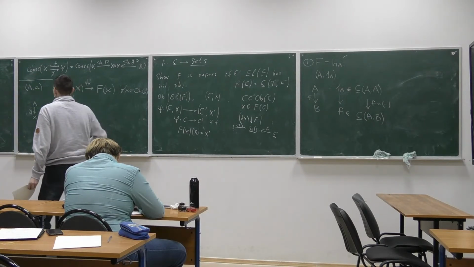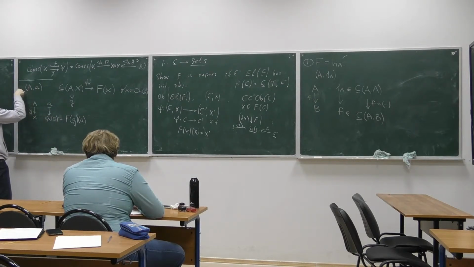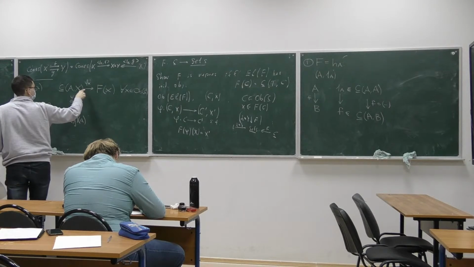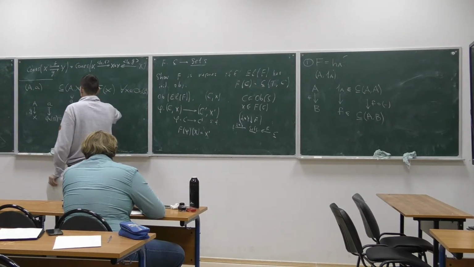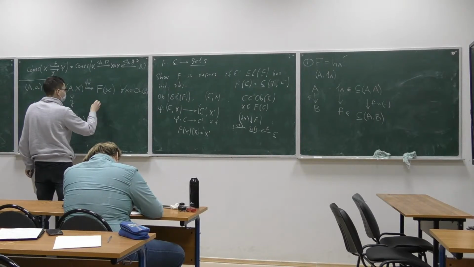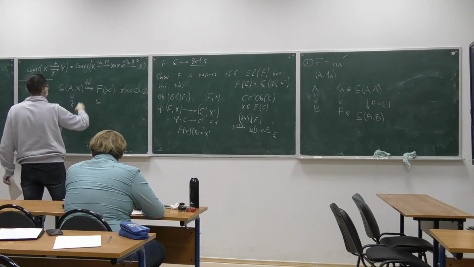Because this is an initial object, this map is a bijection of two sets. And now I would like to show that it is natural.